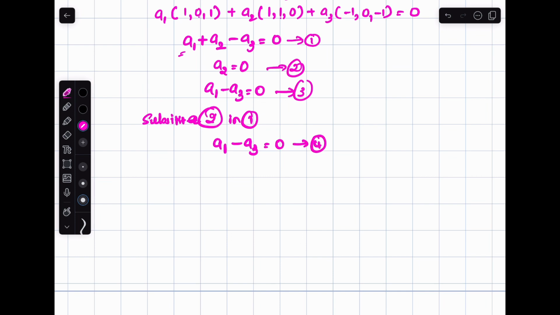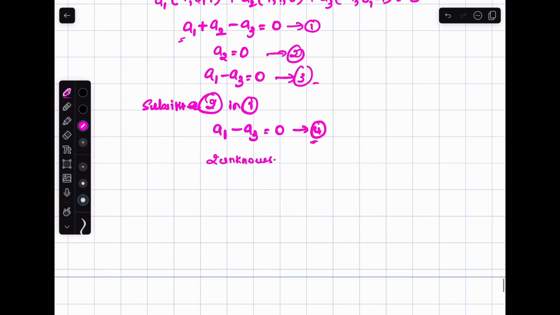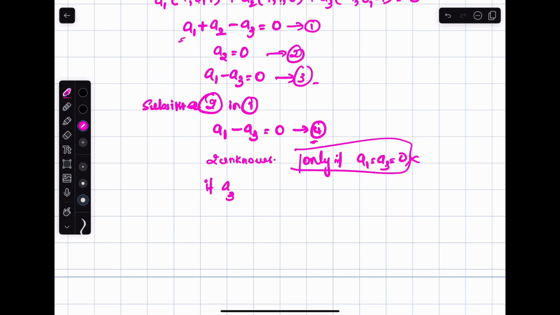Clearly, in the third and the fourth equations there are two unknowns, so we cannot solve for them uniquely. We could solve only if a1 was equal to a3, but that is not the condition here. If I take a3 equal to some value t and substitute, I get a1 minus t is equal to 0, so a1 is equal to t.